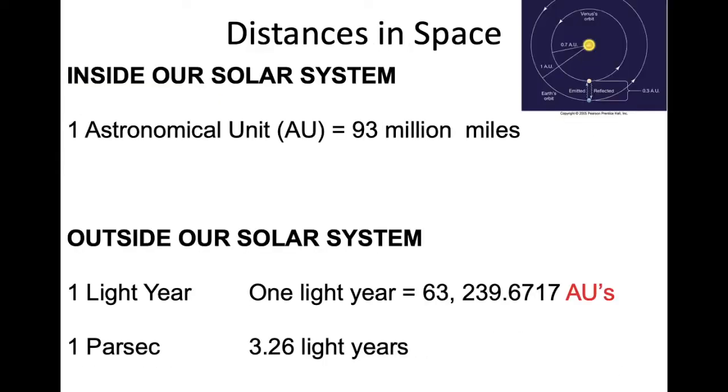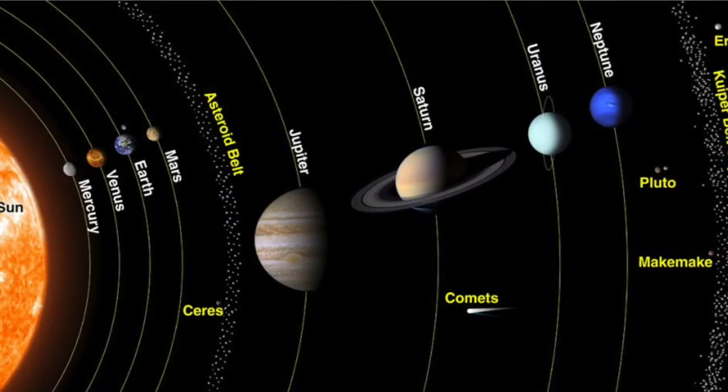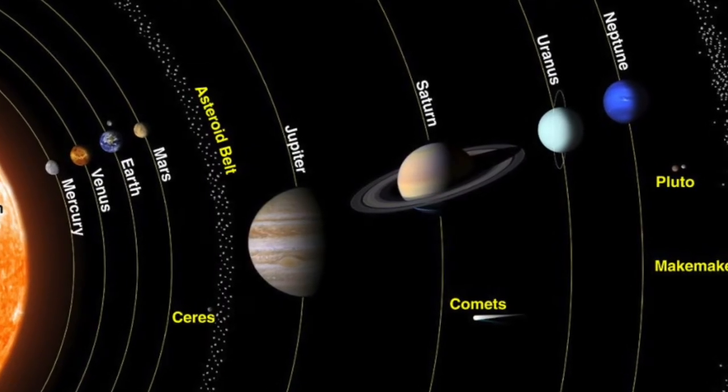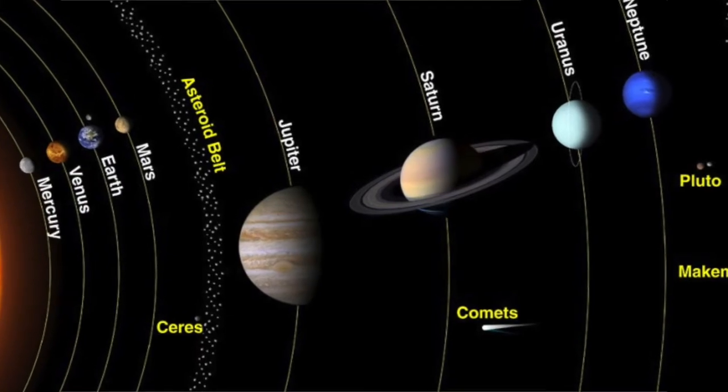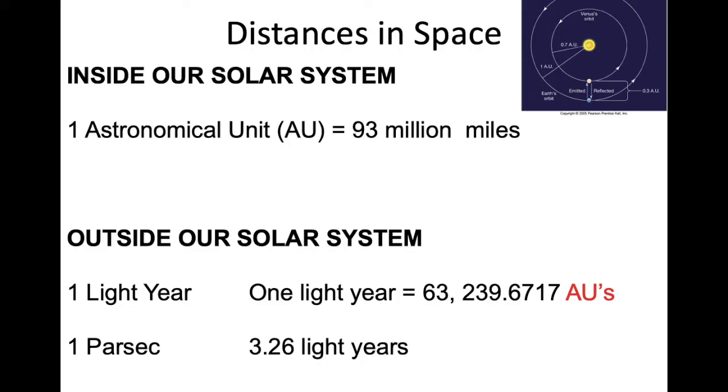Then we go beyond our Earth, distances into space. If we're just talking inside of our solar system, our 8 planets and the sun, we're going to use a new term called an astronomical unit, which we write using AU for short, because that's a really long word to write out.